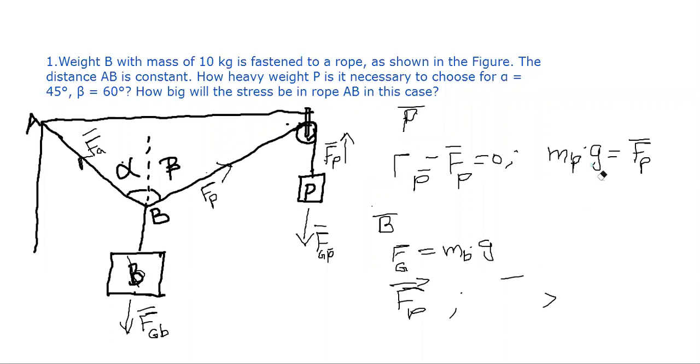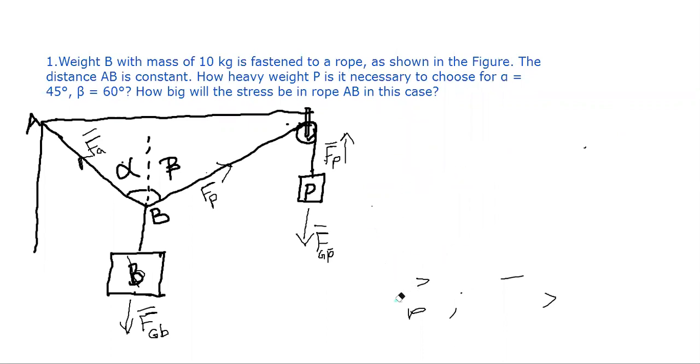Let us get back. Let us erase these things. And we will write the equation of motion for the P part, that we have already written. FGP is equal to FP.